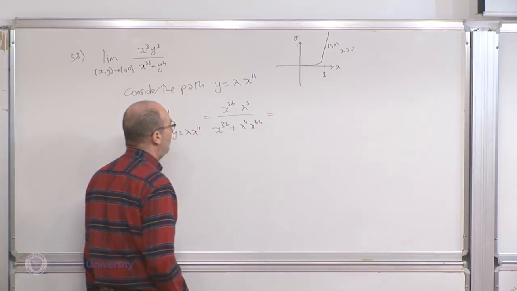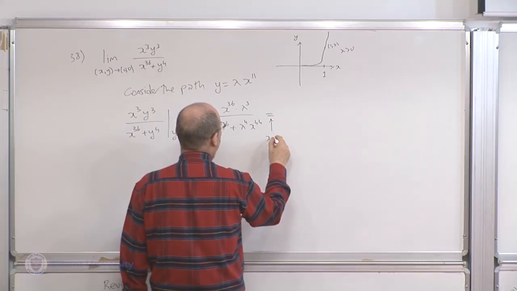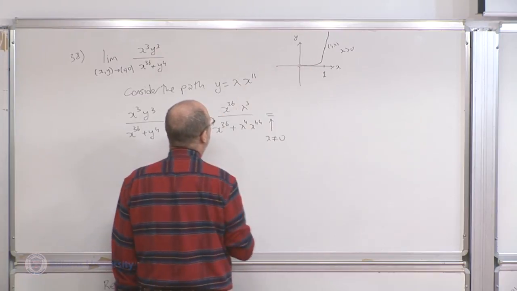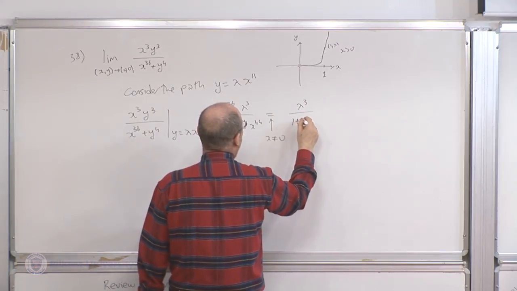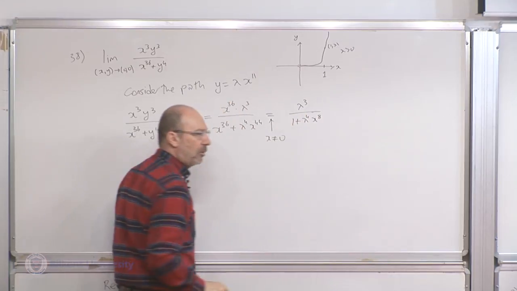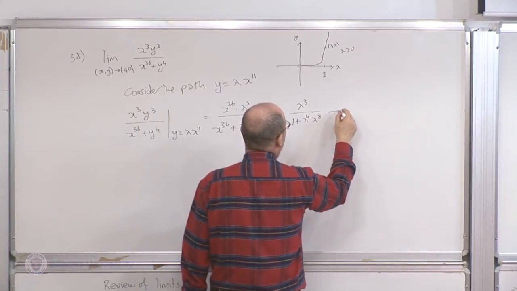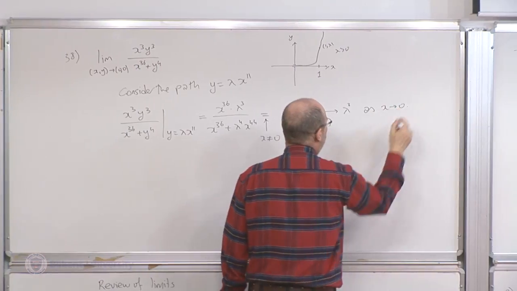Now I cancel x's, since x is different from 0, so we are not looking at what's happening there. So this is lambda cubed over 1 plus lambda to the 4 x to the 8. Now we take the limit as x goes to 0. This goes to lambda cubed as x goes to 0.